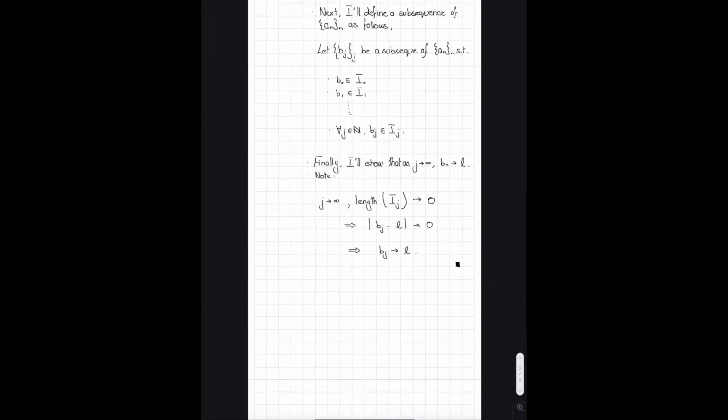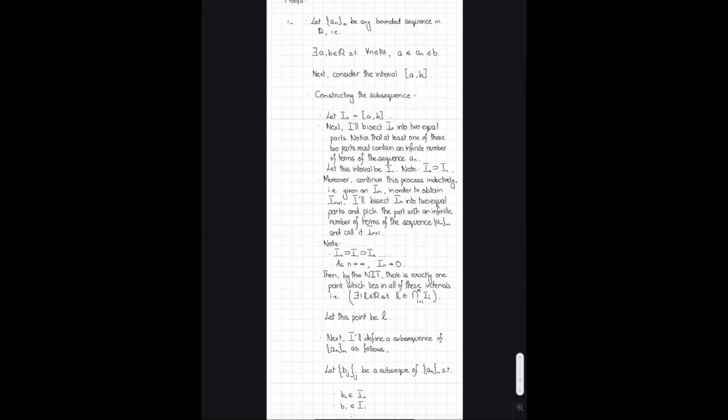So this is really why we needed the nested interval theorem. There are different ways to prove this. You can also use the monotone convergence theorem, but I just like it better to prove this theorem using the nested interval theorem. I just find it a little bit more intuitive, and in fact this argument can be made entirely geometrically without doing any algebra at all.